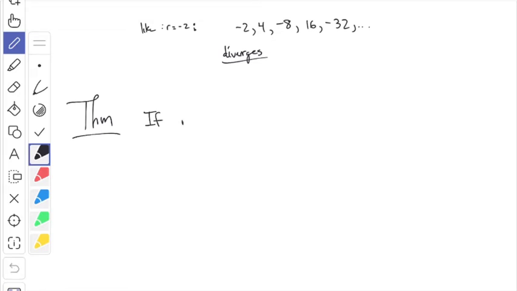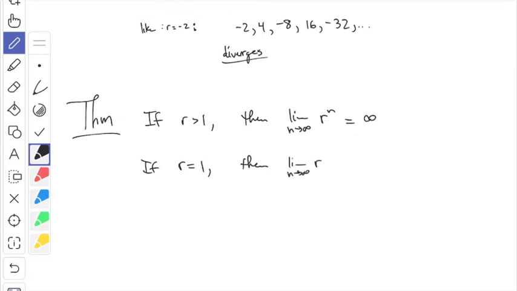If r is greater than 1, then the limit of r to the n equals infinity. That was the first case we talked about. If r equals 1, then the limit as n goes to infinity of r to the n equals 1. That's if it's just 1 every time, you get 1.